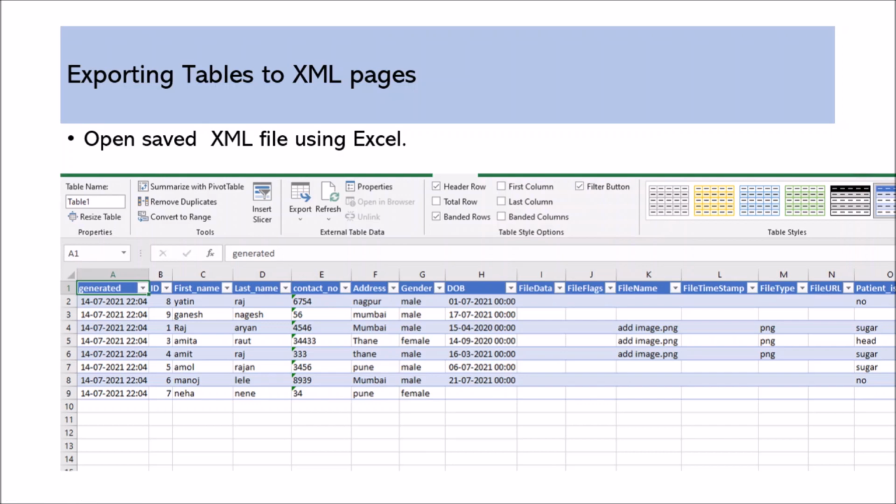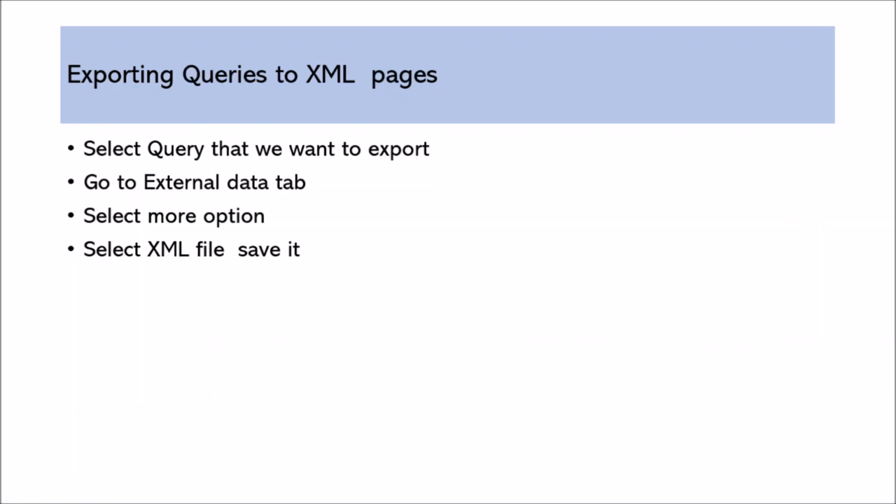Now after exporting tables to XML pages, you can export queries also to XML pages. In case of exporting queries, you have to select the query that you want to export, then go to the External Data tab, select the More option, select XML file and save it. So all the options are the same. The only difference is you have to select the particular object.